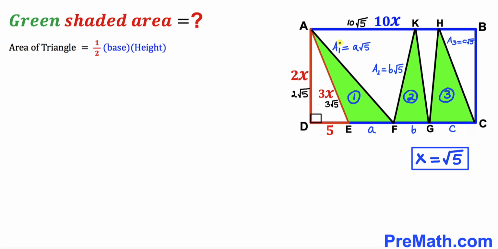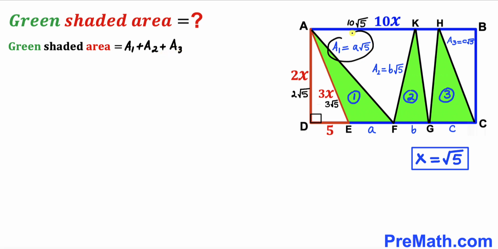So we figured out the individual areas of all these 3 triangles. Therefore this green shaded area is going to be equal to the sum of all these 3 individual areas, a sub 1 plus a sub 2 plus a sub 3.